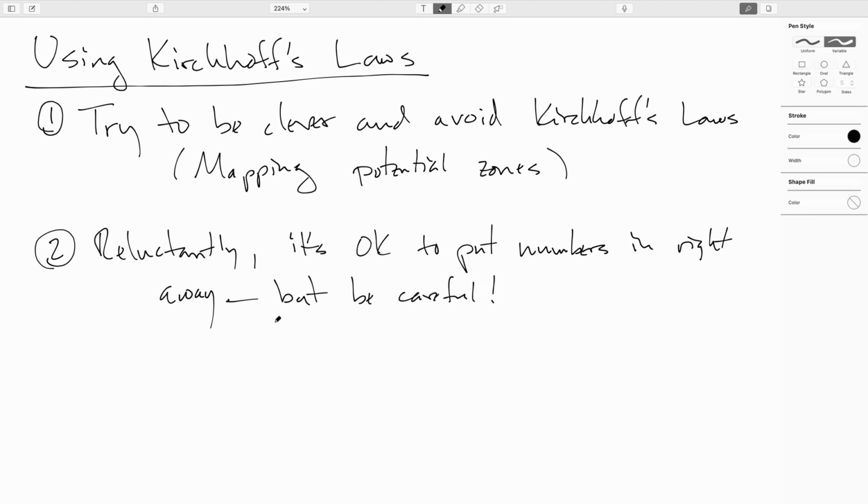The main reason I say that is that these equations get to be such a mess that regardless of whether you do it symbolically or if you stuff the numbers in right away, when you mess up the algebra, you're never going to find where you made the mistake, and you're going to have to start all over either way. So if you want to leave it as symbols, go ahead.